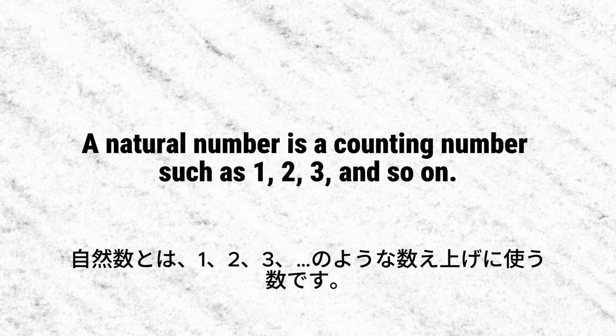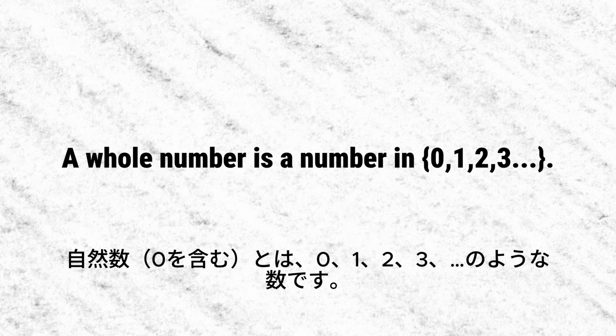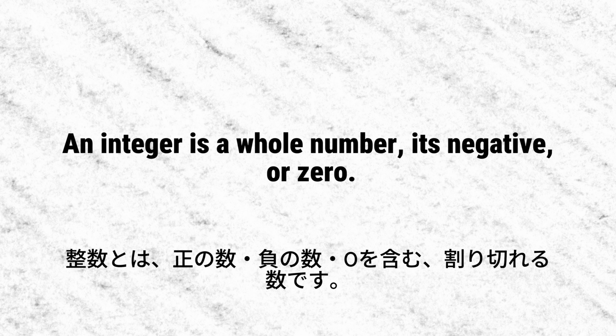A natural number is a counting number such as 1, 2, 3, and so on. A whole number is a number in 0, 1, 2, 3. An integer is a whole number, its negative, or 0.